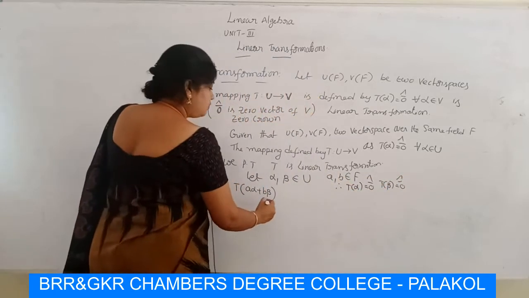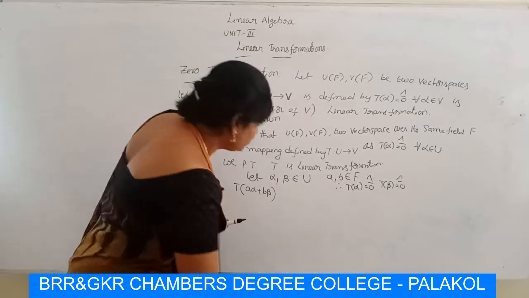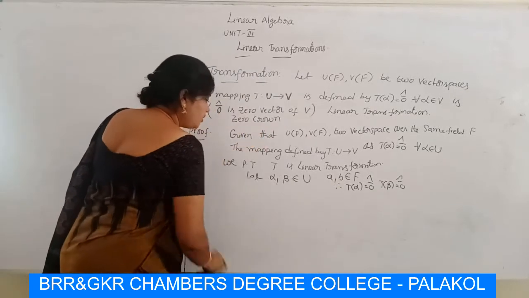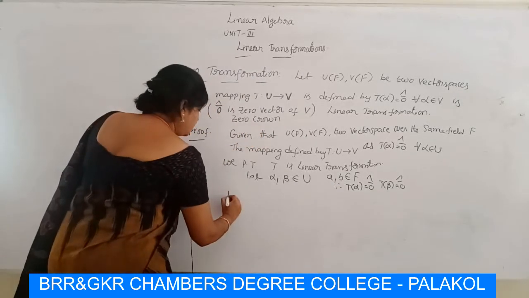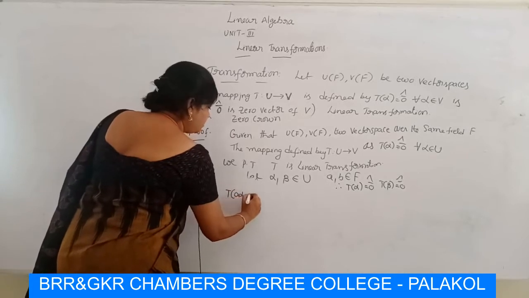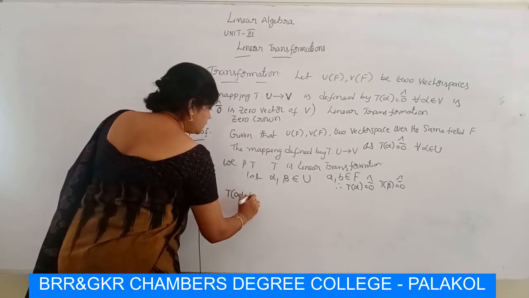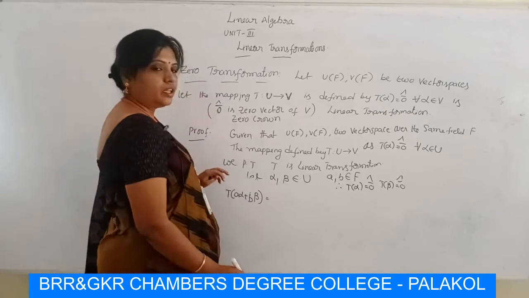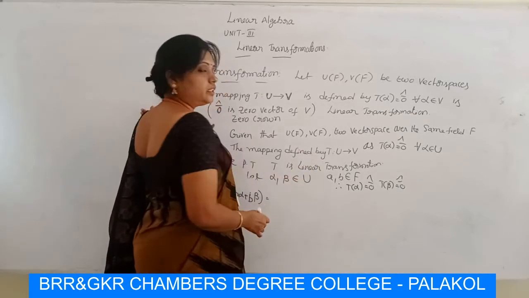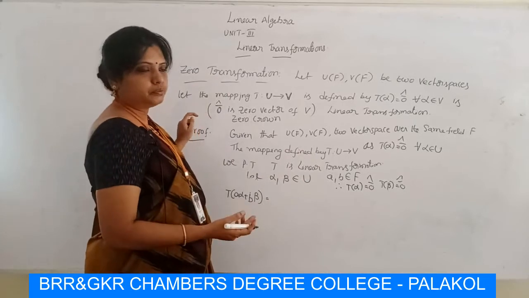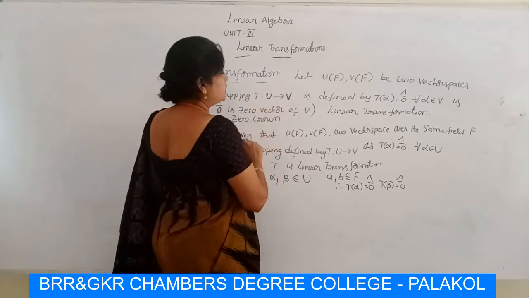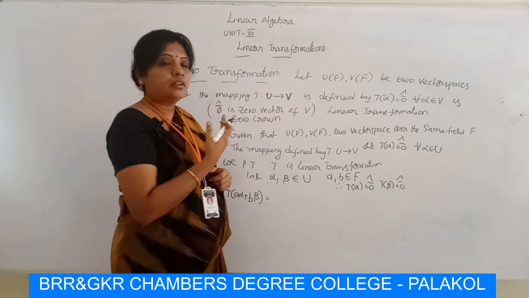Now T of A alpha plus B beta is equal to, here alpha beta are the vectors of U. Here what is U?